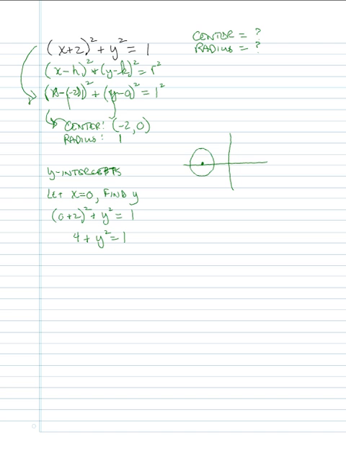And we're trying to find y, so we would subtract 4 on both sides, and we'd get y squared is negative 3. And that's the problem, because how can y squared be a negative number? Y is a real number. That would tell us that y has to be plus or minus the square root of negative 3, and that's a complex number.